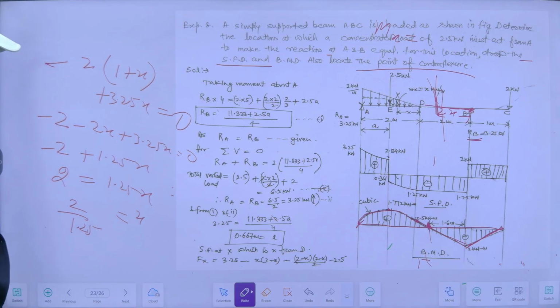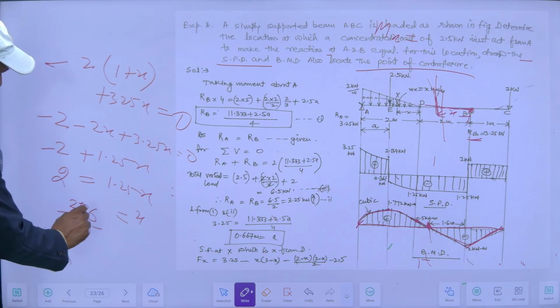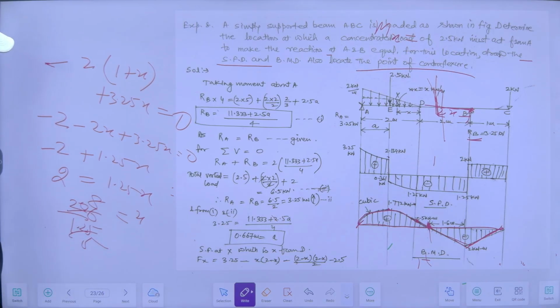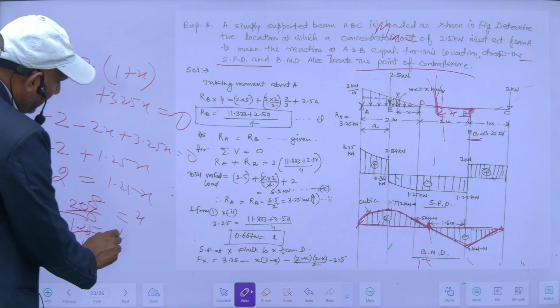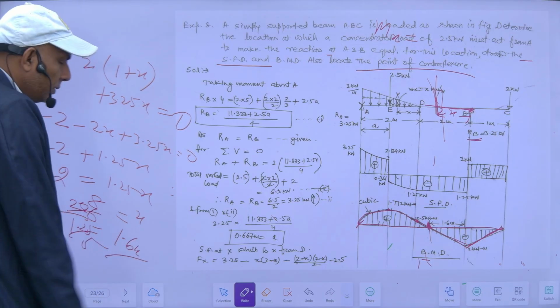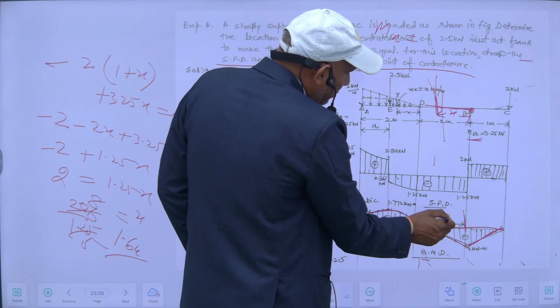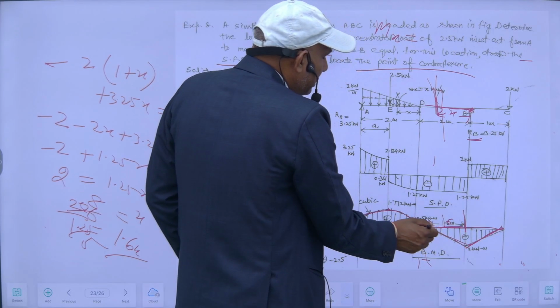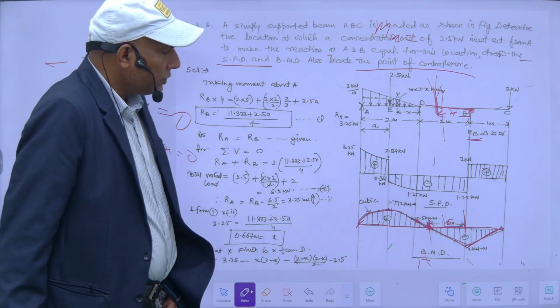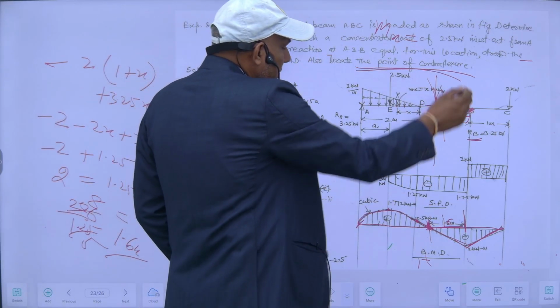So this must be equal to 8 by 5, which is 1.6 meter. So this is 1.6 meter from this B. This is the point of contraflexure. So this is the location of contraflexure.